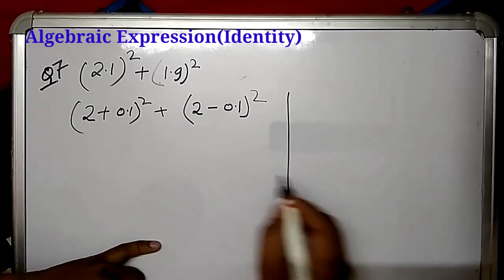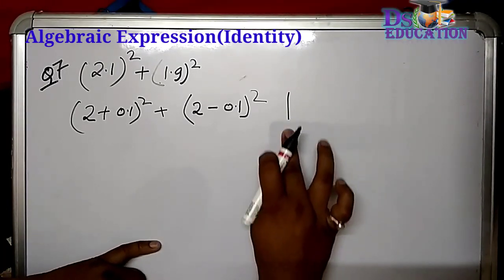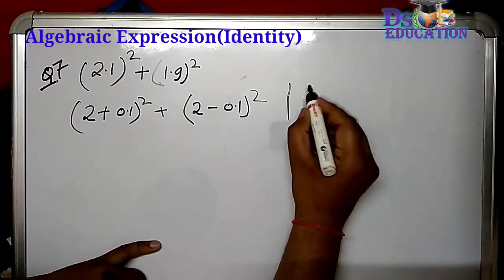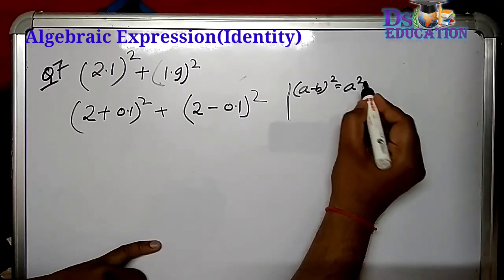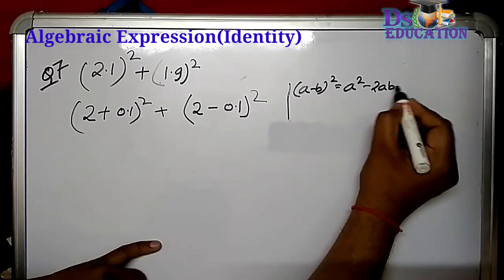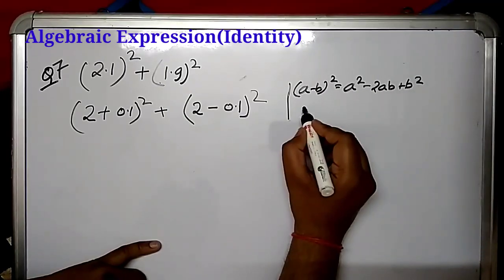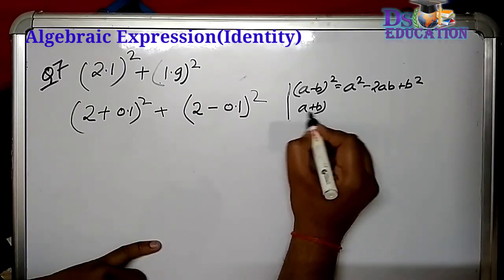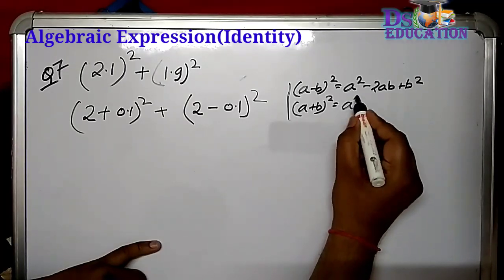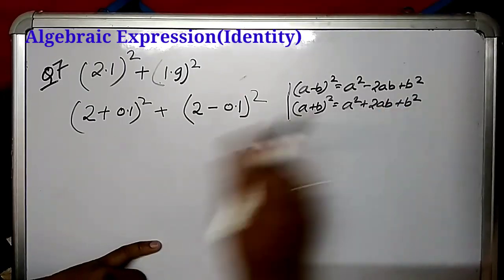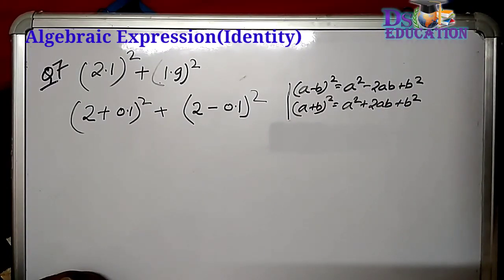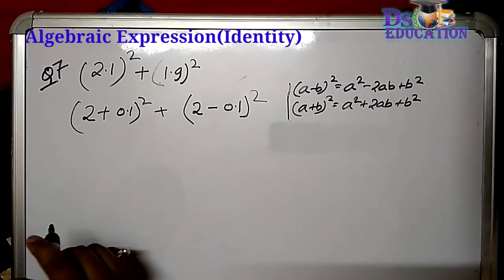So we are using both the formulas. I am writing the formula in short form over here. First is a minus b whole square is equal to a square minus 2ab plus b square, and a plus b whole square is equal to a square plus 2ab plus b square. You have to remember these two formulas when you are solving this type of question.